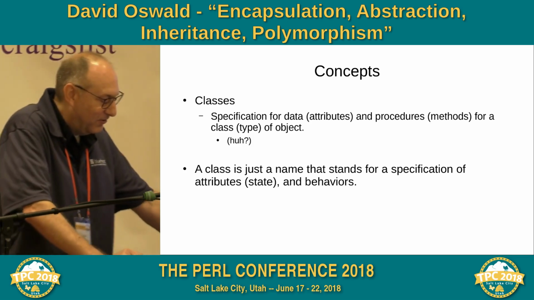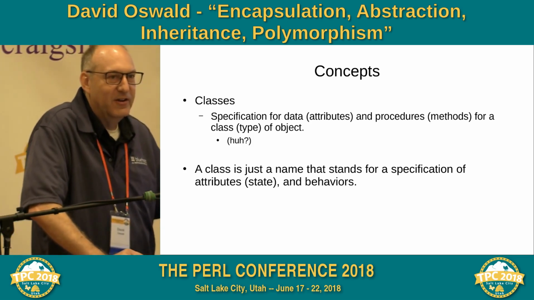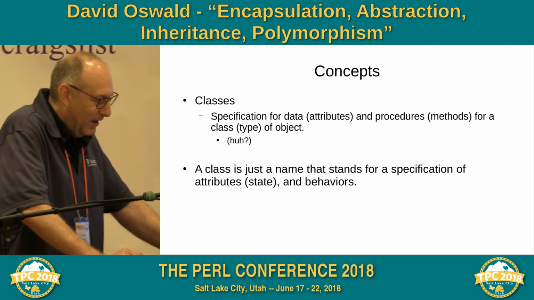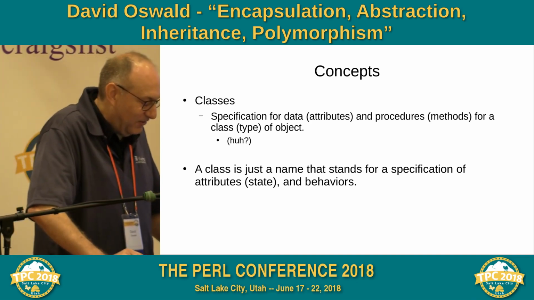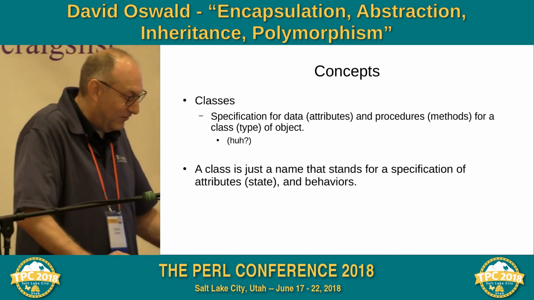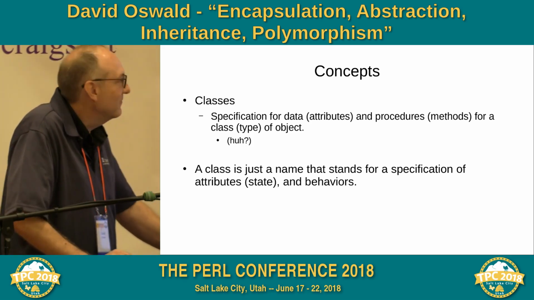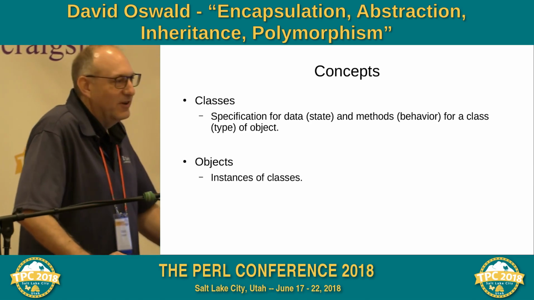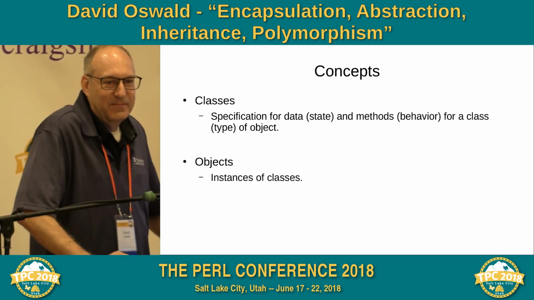But the concepts that are basic to object-oriented programming are classes, and a class is just a specification of attributes which can be considered state, and methods which can be considered behavior. So a class is just a name that stands for a specification of state and behaviors. And then objects are just instances of classes.